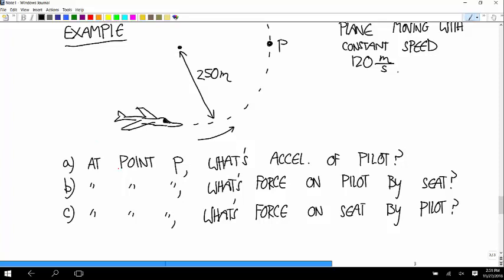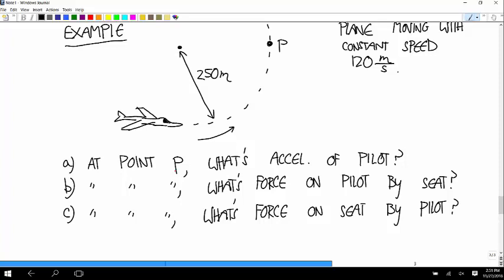With a high enough acceleration over a long enough time, and all fighter jets are capable of pulling accelerations like this, the pilot can pass out. And if a pilot passes out, that's bad for the pilot and the plane. So you want to avoid that.